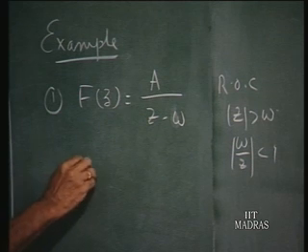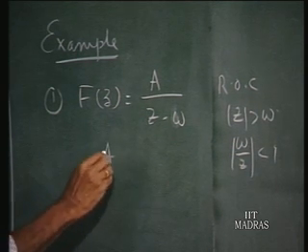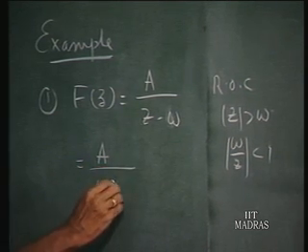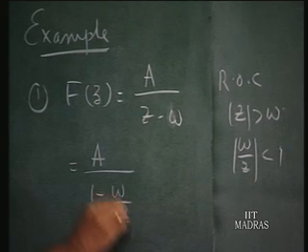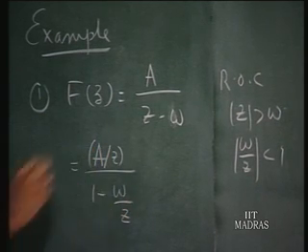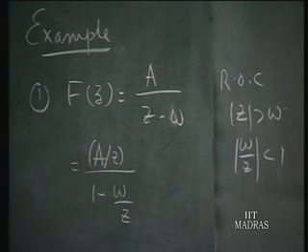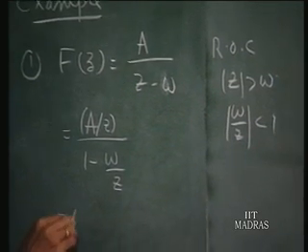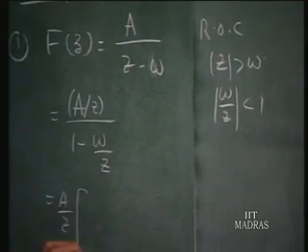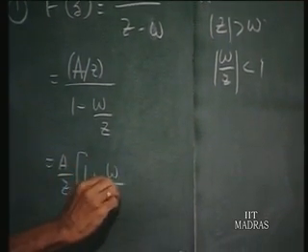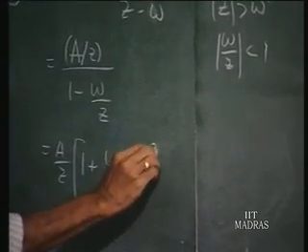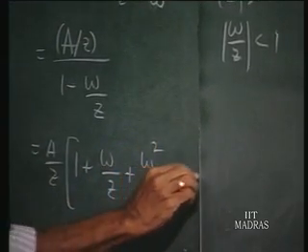For that purpose, I will write this as a upon z times 1 minus omega over z. So this can be written as a upon z times 1 plus omega upon z plus omega squared upon z squared, and so on and so forth.